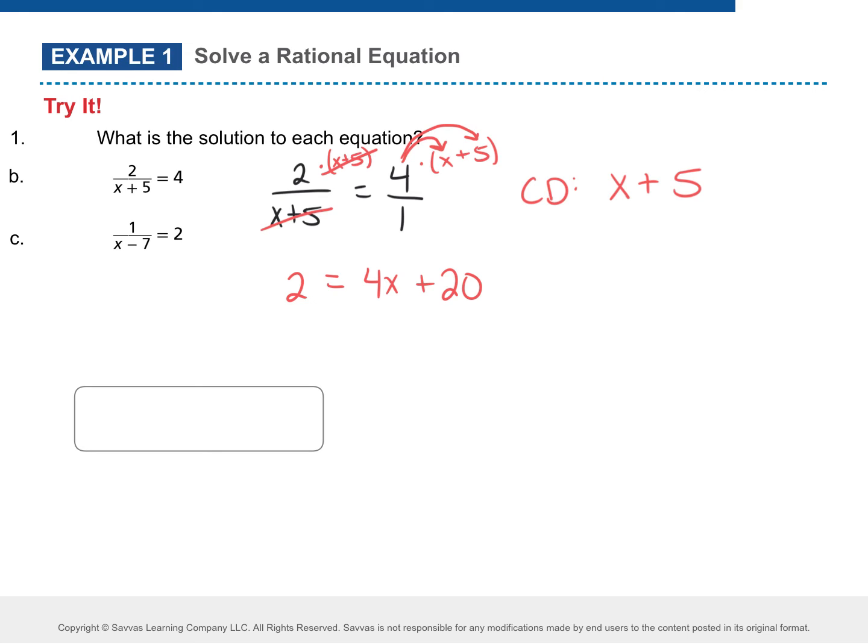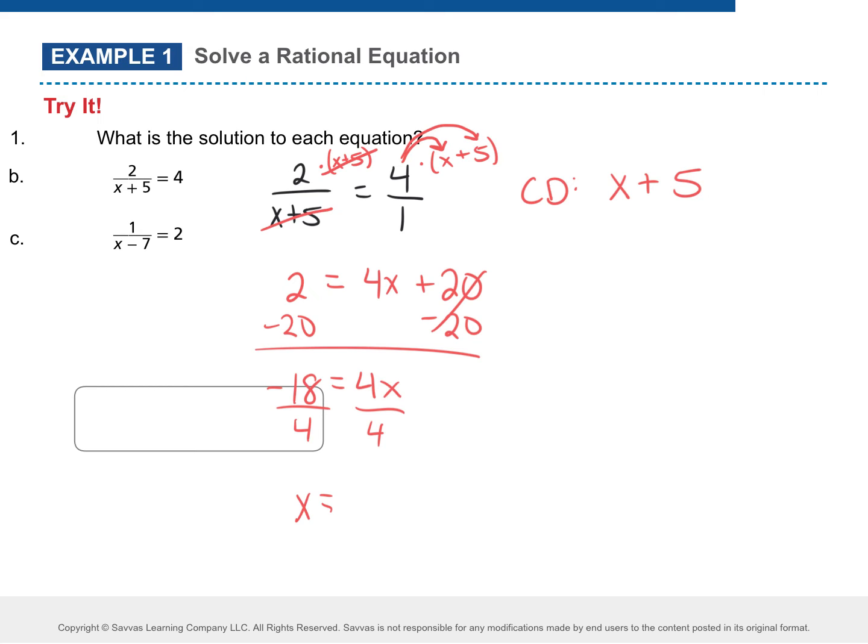Okay, so how do I solve what's left? Subtract 20 from both sides. Subtract 20. So I have negative 18 equals 4x. What do I do from here? Divide by 4. X equals. Now, we do have a fraction. Can I simplify this fraction?